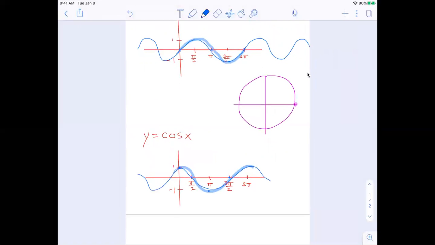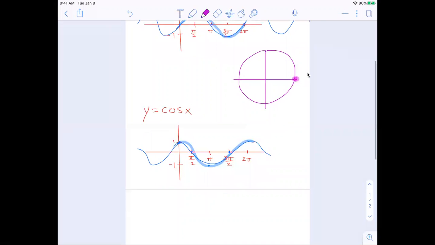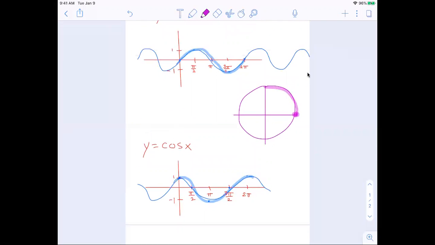And let's think about looking at the unit circle, why that would be. Well, the cosine at 0 is equal to 1. That's right here. That's indicating that point. And then cosine is x values. Your x values are getting smaller and smaller, and then x is 0 right here.